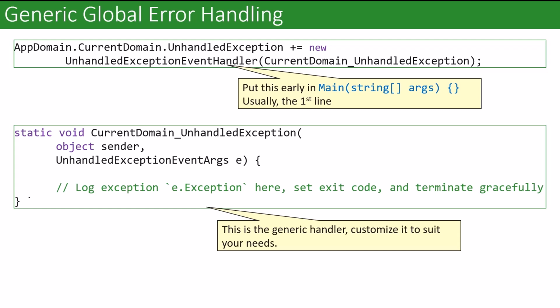So if you have something that's not running in a web context, like a terminate and stay resident process such as a Windows service, or a Windows GUI, or a mobile app, you can have a global error handler that is your last desperate catch-all.